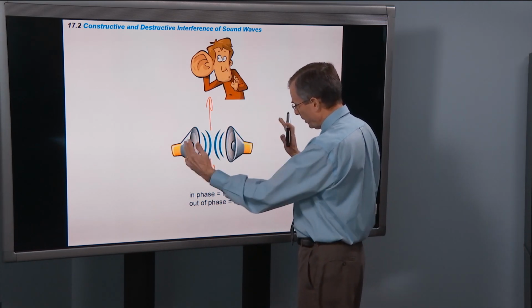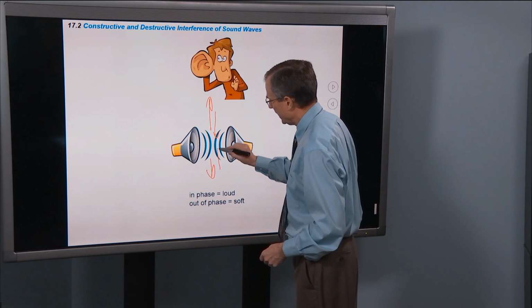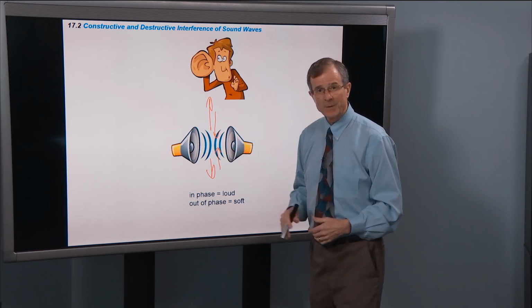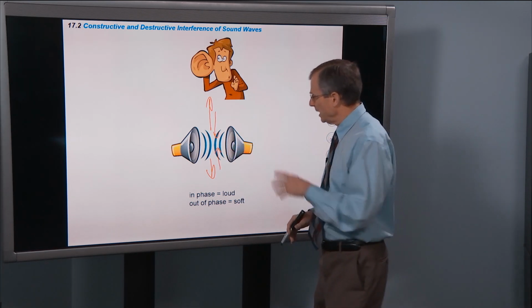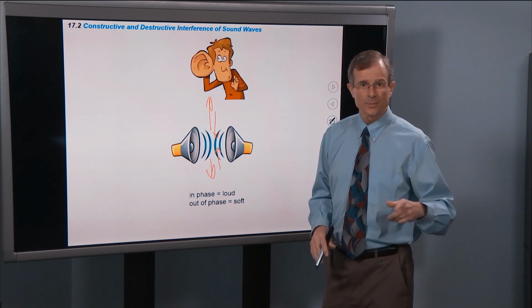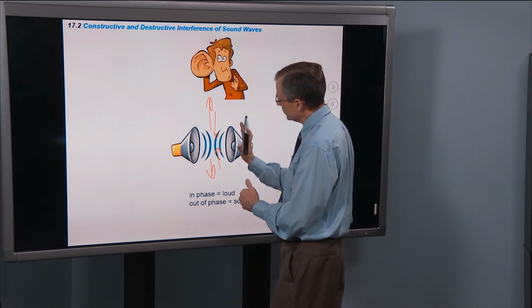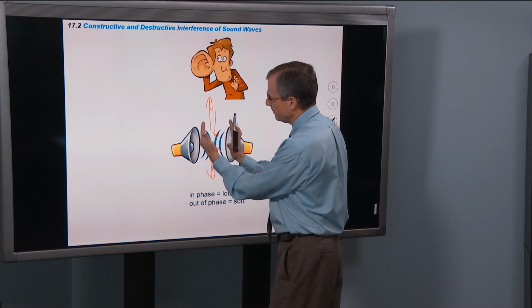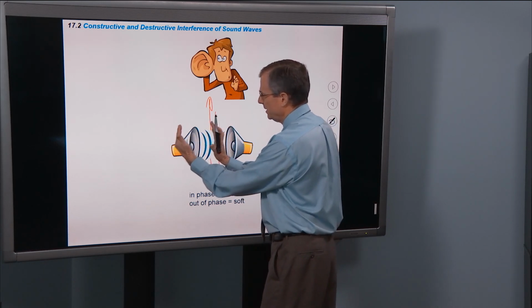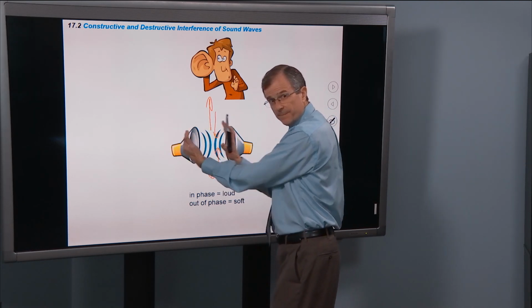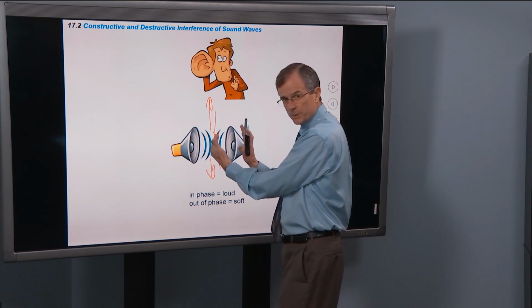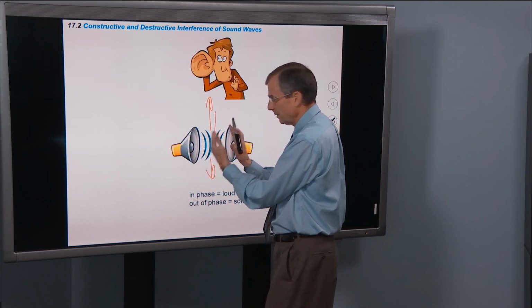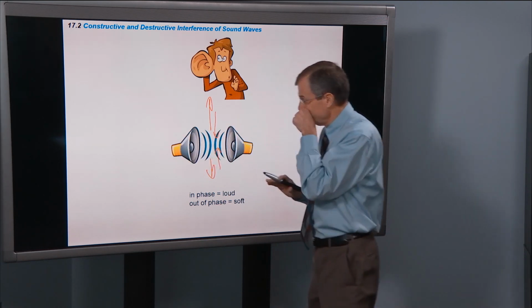Then when they pull apart, the air comes back in, and we get a large amount of oscillation when they're in phase. If we oscillate these instead out of phase, so this one's moving toward the other at the same time this one's moving away, then as they do this, they don't push much air around. They don't compress it and rarefy it like they would.